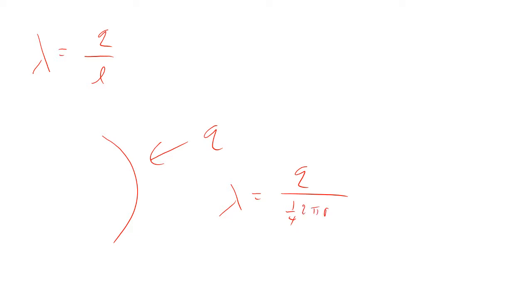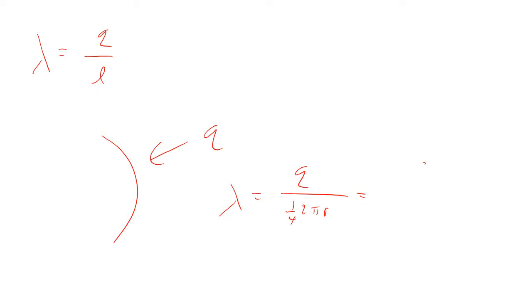Lambda is Q over L. So I've got an arc, and I put a charge on it. The lambda is going to be Q over, well, that's 1/4 of the total circumference of the circle. So 1/4 of 2 pi r.